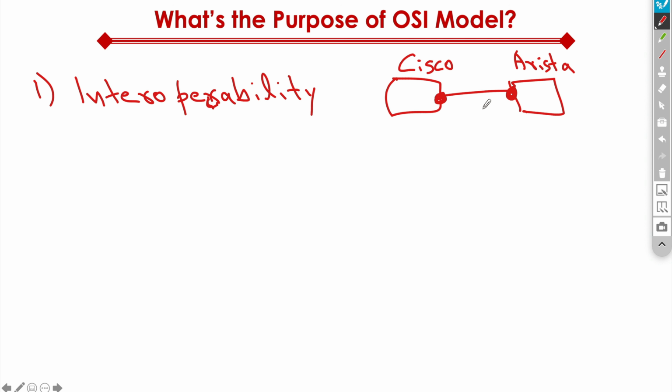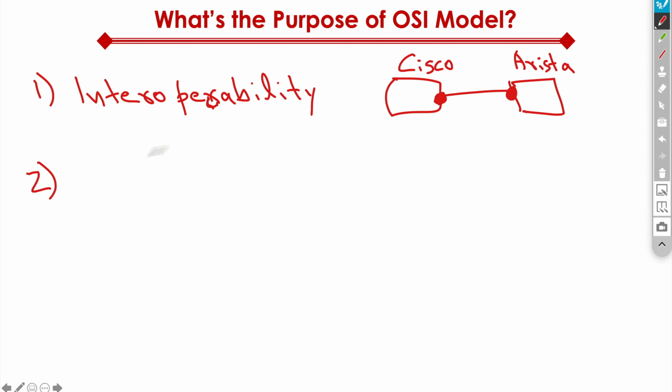I don't want these companies using their own proprietary technologies, because then that locks me into that vendor and I do not have the ability to do anything. As an enterprise, a government, or any type of business entity, I need that flexibility to interoperate. That's what the OSI model gives us.